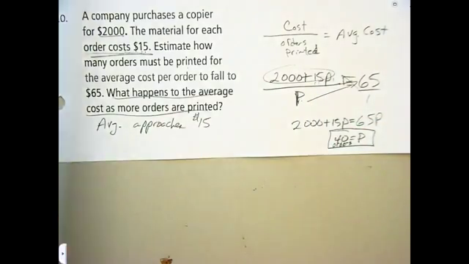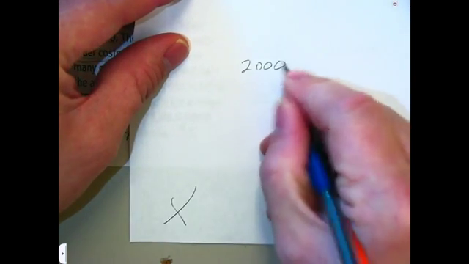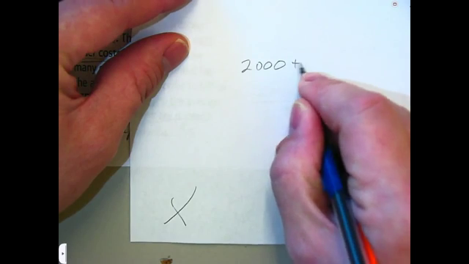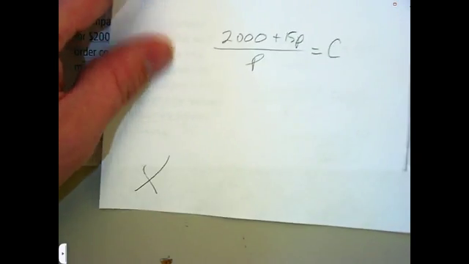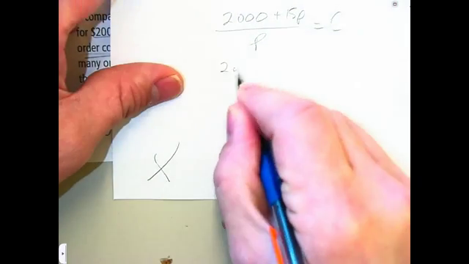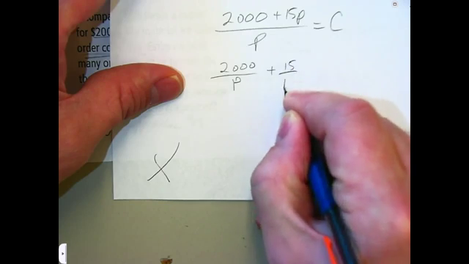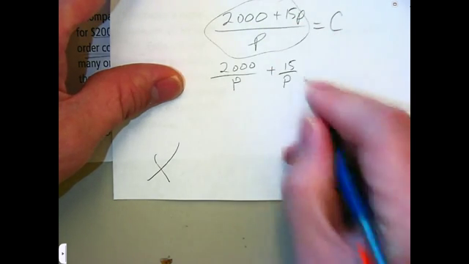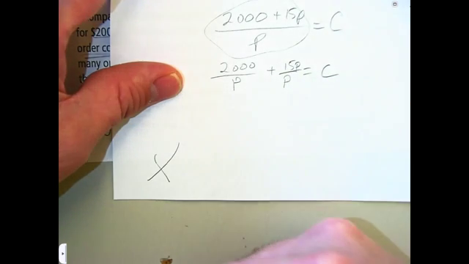Okay, and really what you're looking at, you know that 2,000 plus 15p over p is equal to that average cost, which we'll call C. So really that's 2,000 over p plus 15p over p if you break this piece up. Okay?